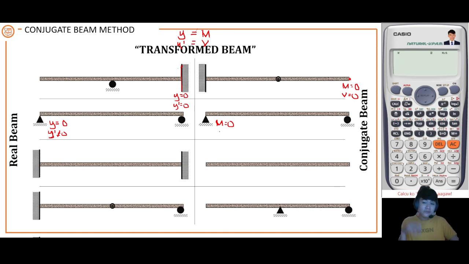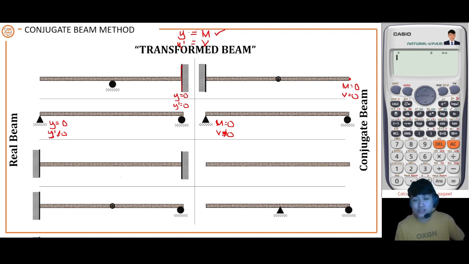And for the conjugate beam, of course, for a hinge support, the shear at that point is not equal to 0. So that's why, if you're going to convert the real beam into a conjugate beam, especially for the supports, make sure you satisfy this condition.